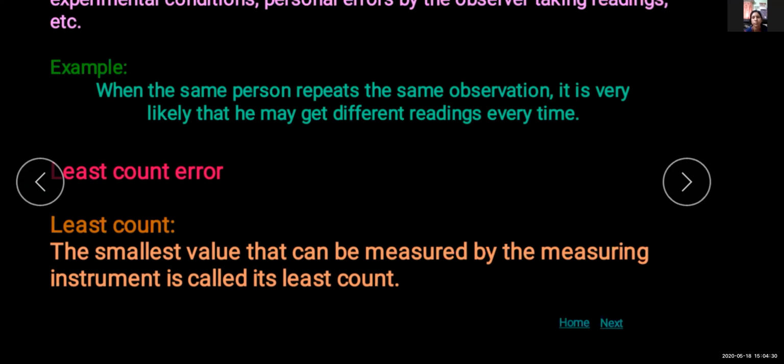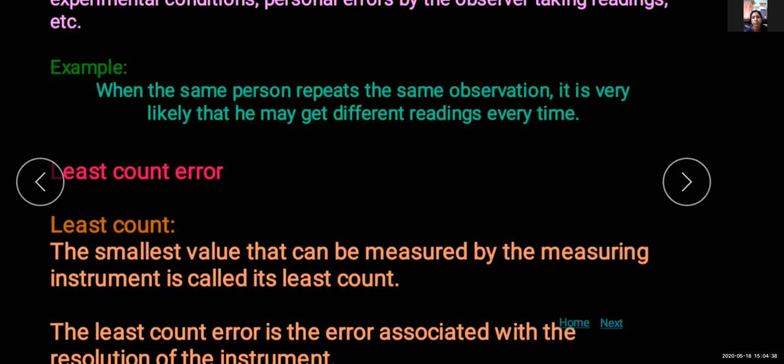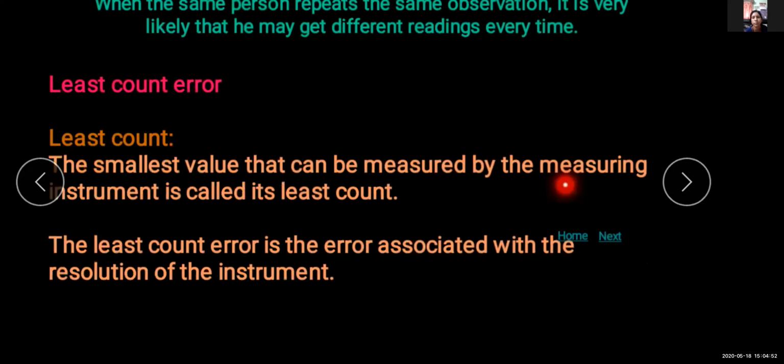For example, the least count of an ordinary scale is 0.1 centimeter, the least count of vernier calipers is 0.01 centimeter, for screw gauge it is 0.001 centimeter, and for spherometer it is 0.001 centimeter. Clear?